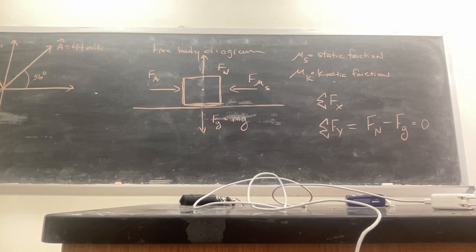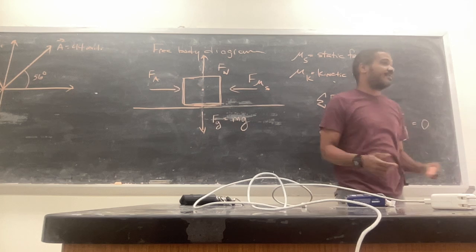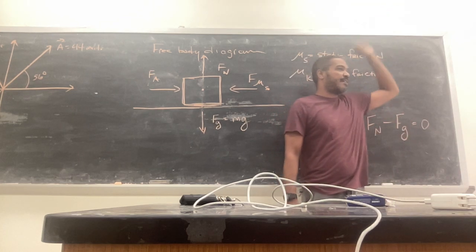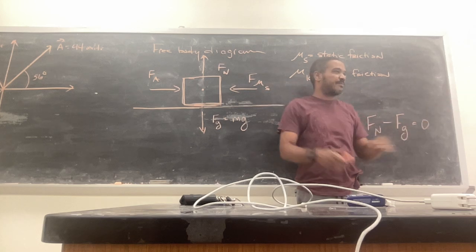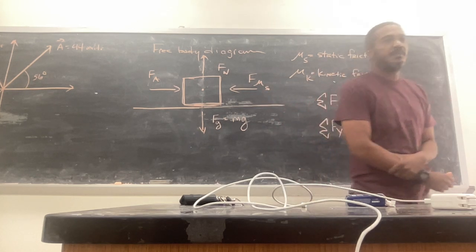It's either sitting still or it's doing what? Moving. It can be one or the other. Can't be nothing in between, unless we're talking about quantum mechanics, which is physics 435, not for non-physics majors.